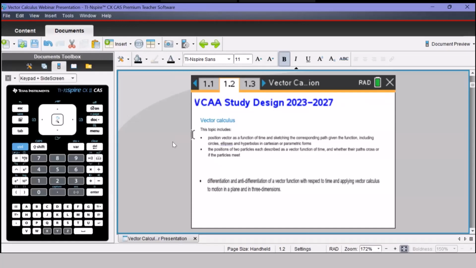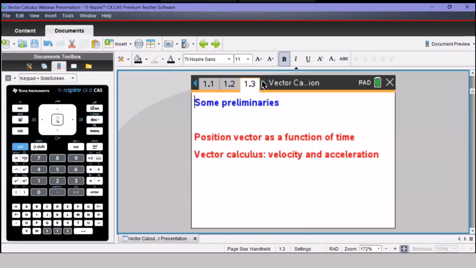And that was where the study design was limited in its previous incarnation. This time, they've gone back 2 study designs and now allowed study in 3 dimensions. So we have 2 dimensions and 3 dimensions for the vector calculus part of these 3 dot points.